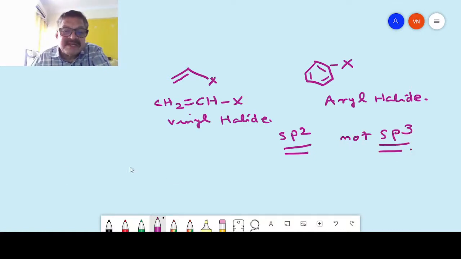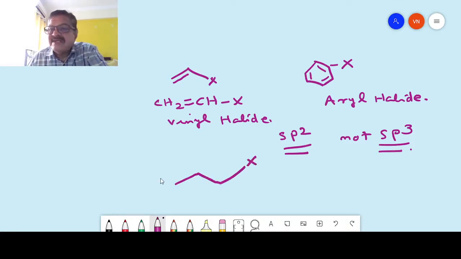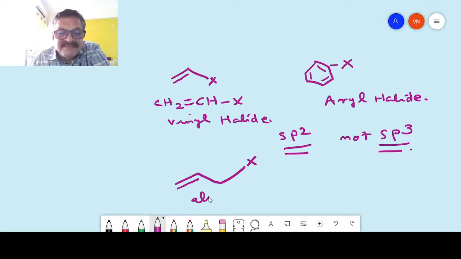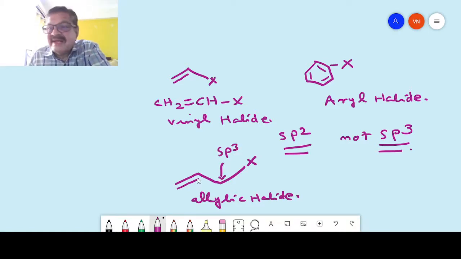Now suppose we are having a compound like this. What is this compound? This will be very interesting. This is an allylic halide. This particular carbon here is sp3, correct?